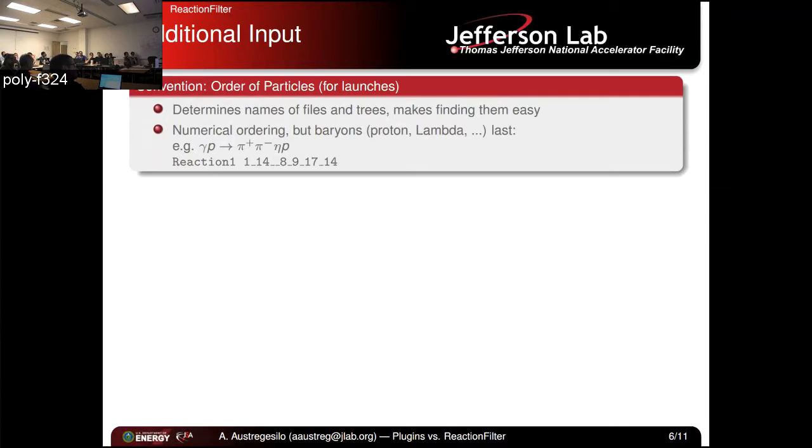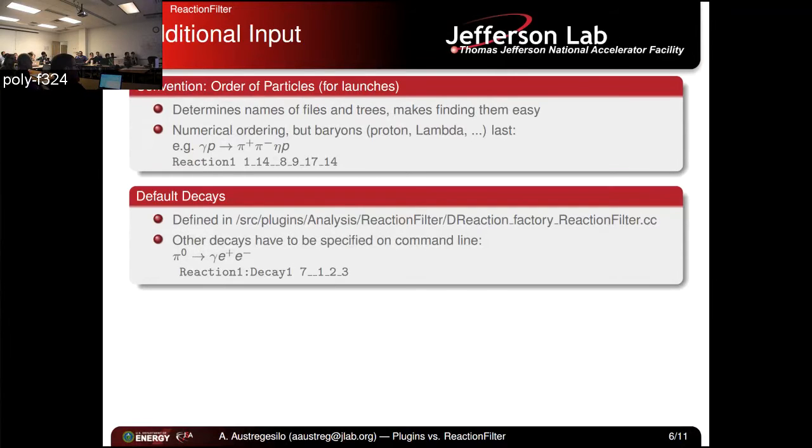Now, if you, for example, have an eta, which is 17, you don't want to have it 8, 9, 14, 17, because we're just so used to having the proton last, so we decided to put it like this. But there's still numerical order, so 17 is behind the 9. Now, if you have decays, like decay of the eta here, or decays of the pi 0, they're defined by default in this folder, or in this file.